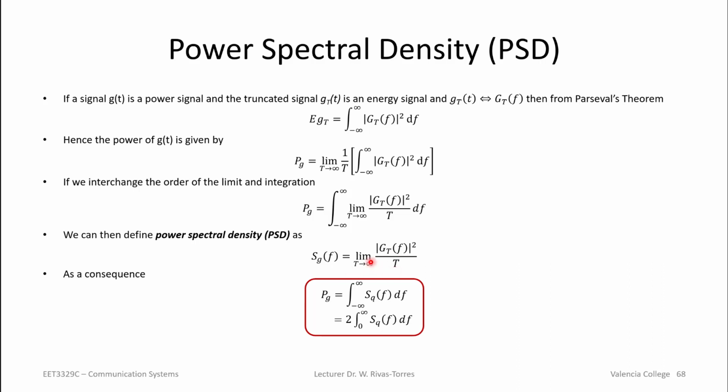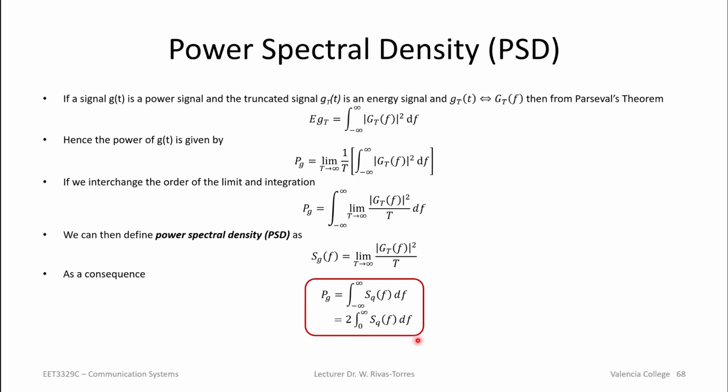Notice that we want to let T go to infinity. Another way to calculate power, if you happen to know your power spectral density, you can integrate it, and you get the power in your signal.